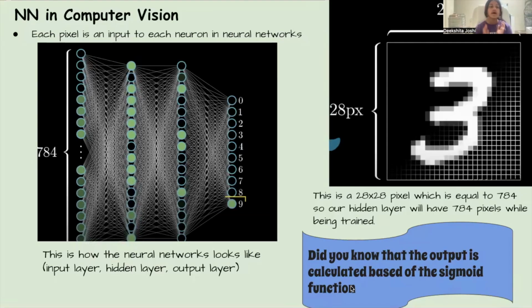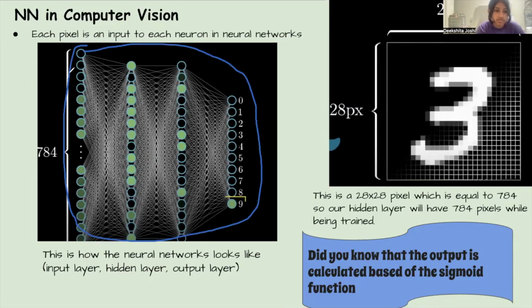Okay, now let's talk about neural networks in computer vision. Each pixel is an input to each neuron in the neural network. That's crazy. Basically, like I told you on the very first slide, this is what the neural network looks like. The input layer should be around there, feeding in all the data.